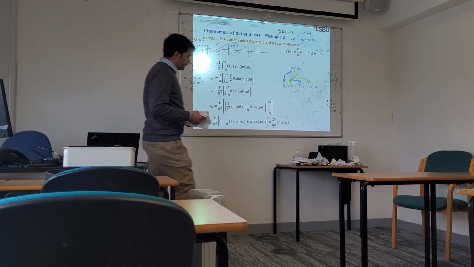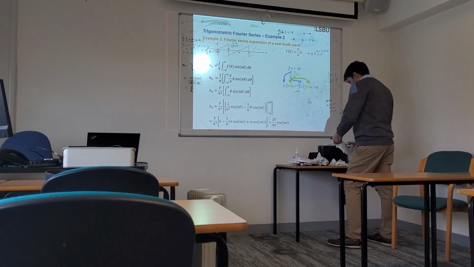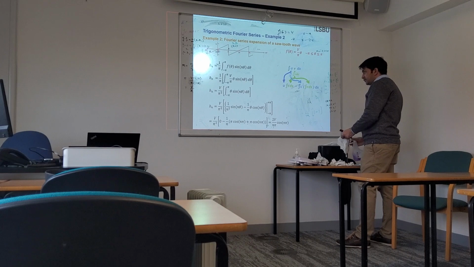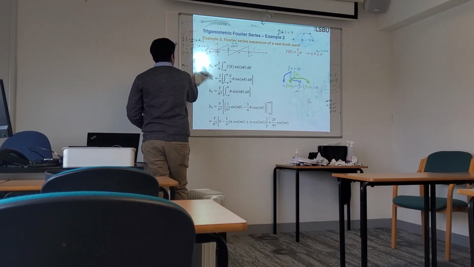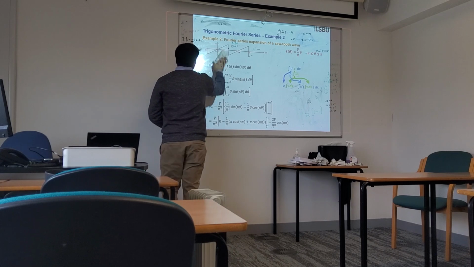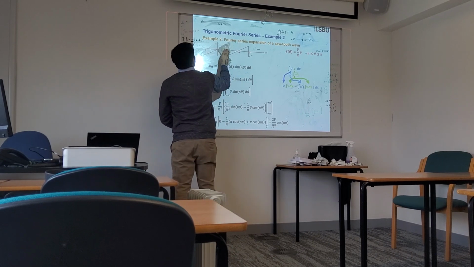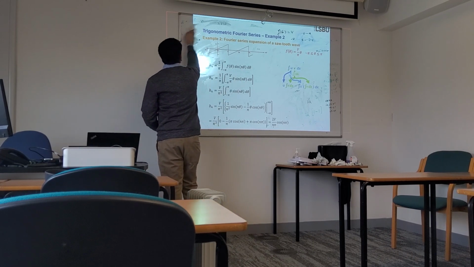Okay, so the tricky part here is to find b n, or it was also to find a n, but we know that a n is 0.